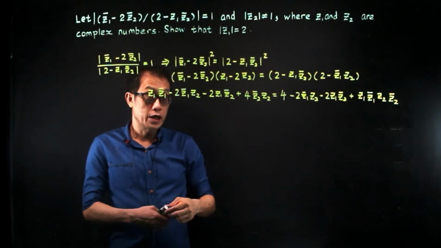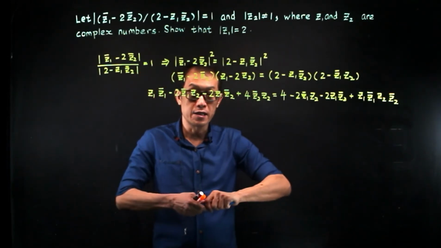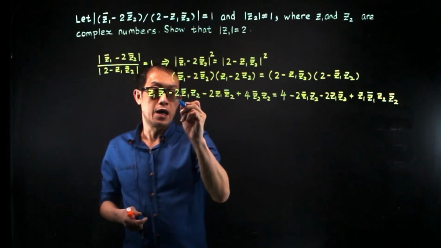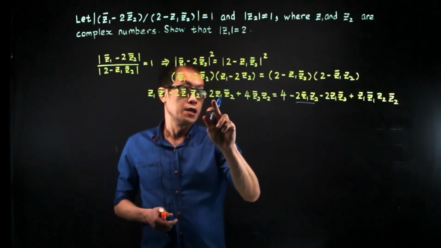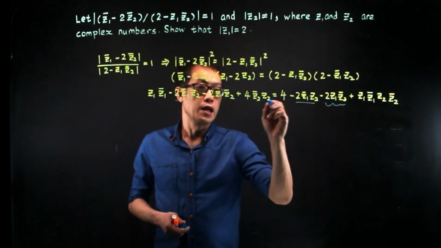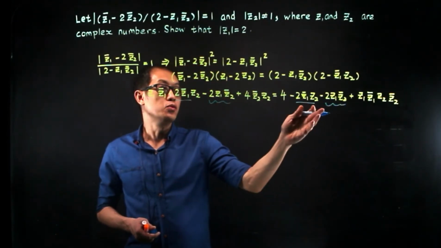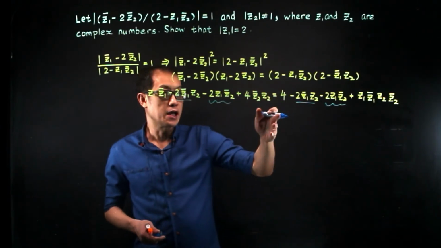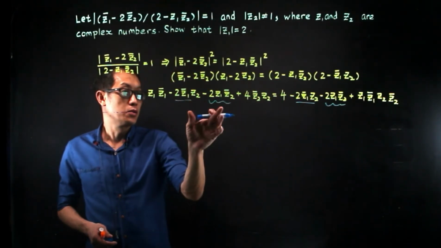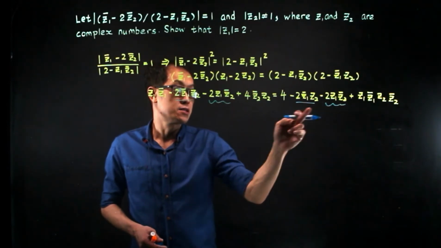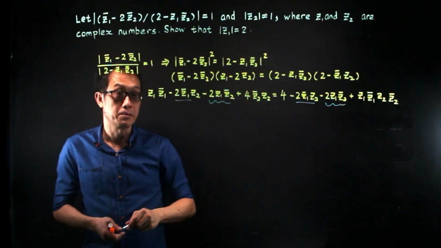Now, if you look at it, you will realize that these two terms are like terms, and these two are like terms, and they can cancel out each other. So this cancels with this, and this cancels with this, since their signs are the same.